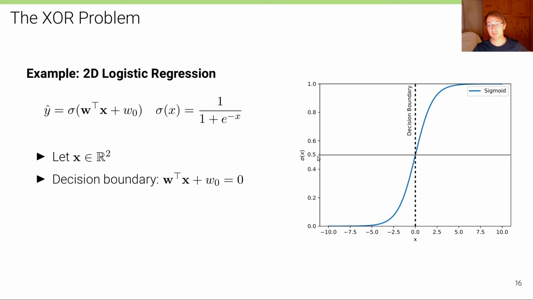Because at 0 the sigmoid function changes from values that are smaller than 0.5 to values that are larger than 0.5. In other words, if I'm on the right half of this space here, the probability that I'm deciding for class 1 is higher than the probability that I'm deciding for class 0.